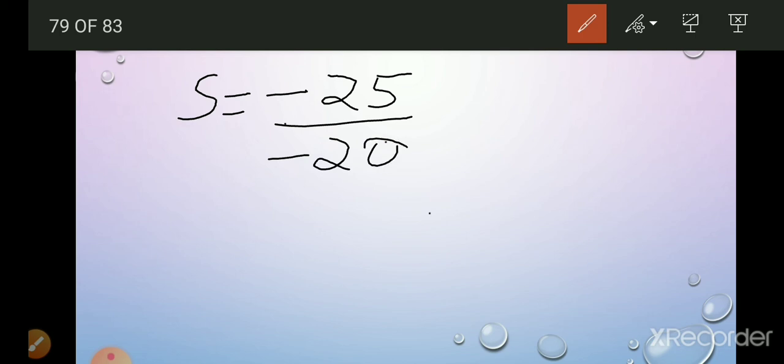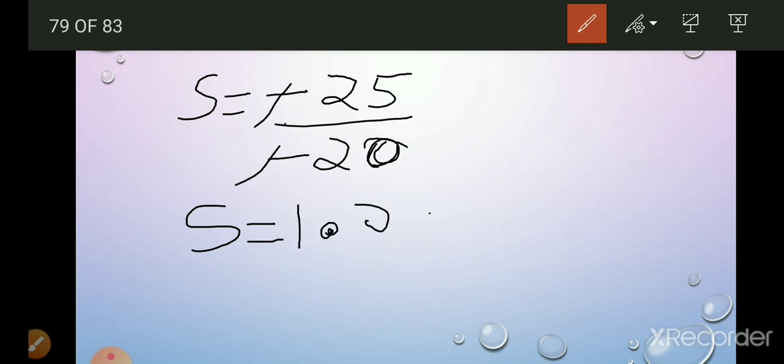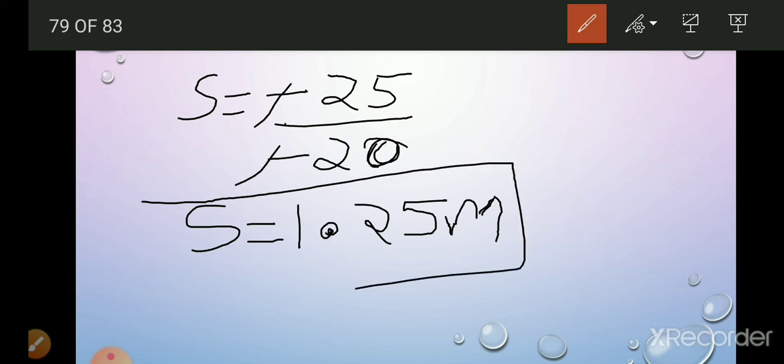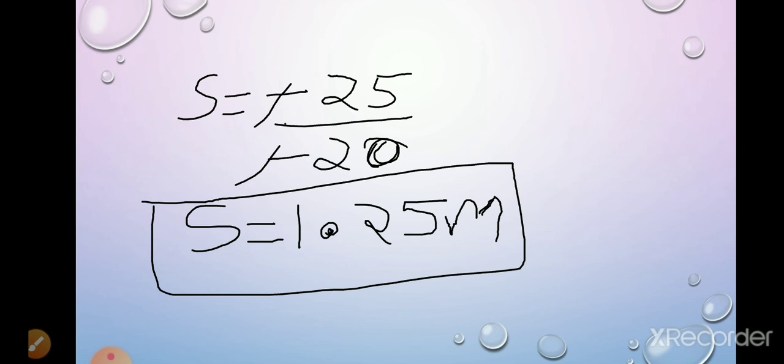So s is equal to 25 divided by 20, minus divided by minus gets cancelled, which is equal to 1.25 meter. The unit is meter. So 1.25 meter is the final distance, that is the final height the stone reached when it is thrown in the upward direction.